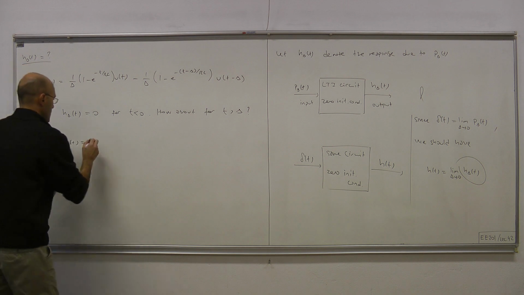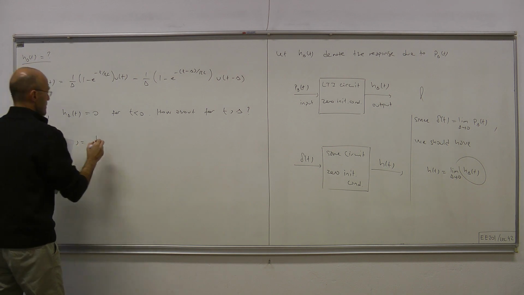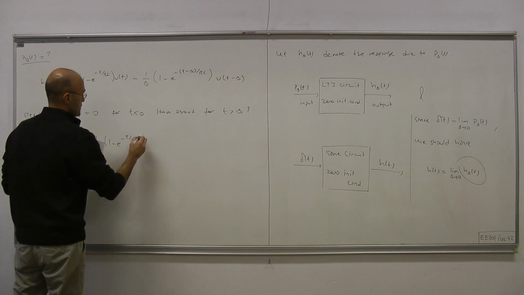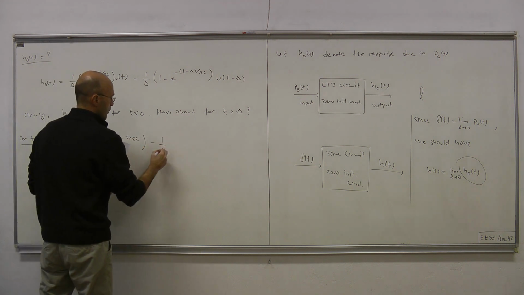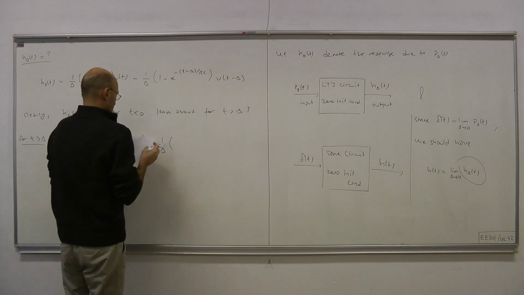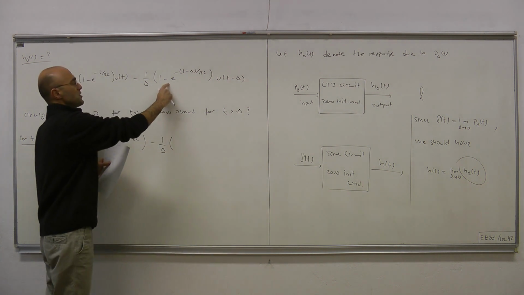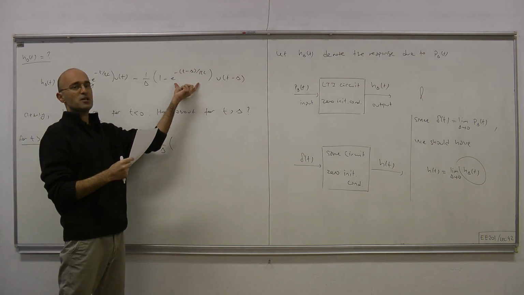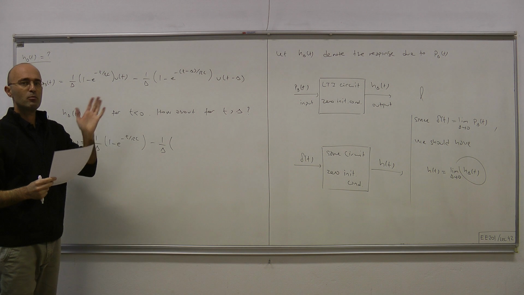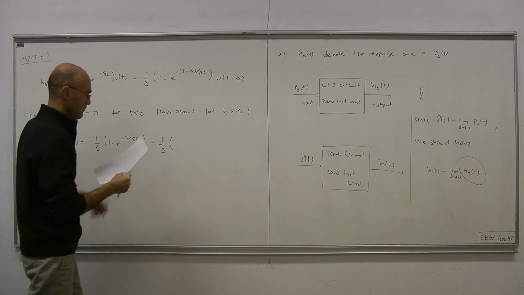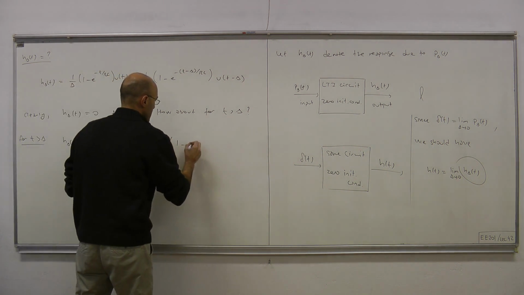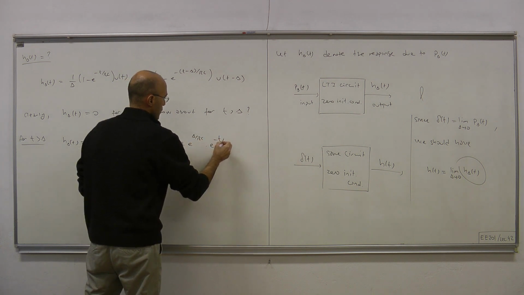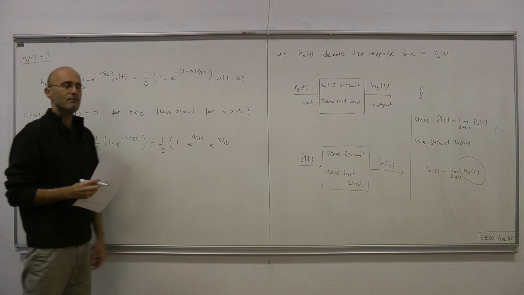So let's write that down: 1 over delta times 1 minus e to the minus t over RC, minus 1 over delta times 1 minus e to the minus t minus delta over RC. And this exponential term, we can write as a product of two exponentials. If you do that, this is what we have: e to the delta over RC times e to the minus t over RC.